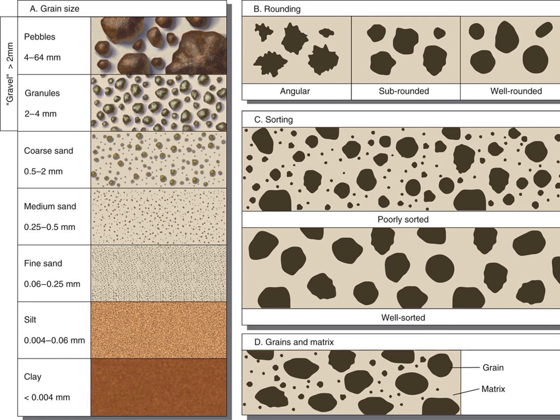So we want to pick out the dominant grain, and we want to observe what the matrix is, the stuff in between. And the stuff in between could be a very fine sand, or even a cementitious material, or even a clay-like material. But if the dominant grain is a very large pebble, then that's the dominant grain that we're looking at, and that's what we use to categorize in terms of sorting, rounding, and grain size.